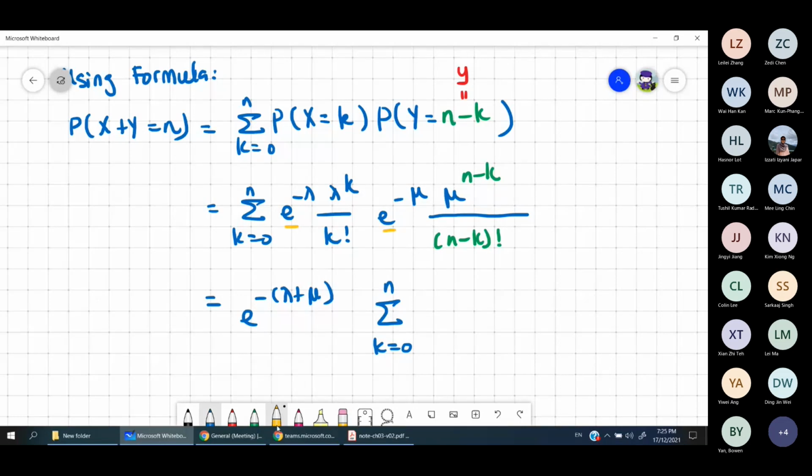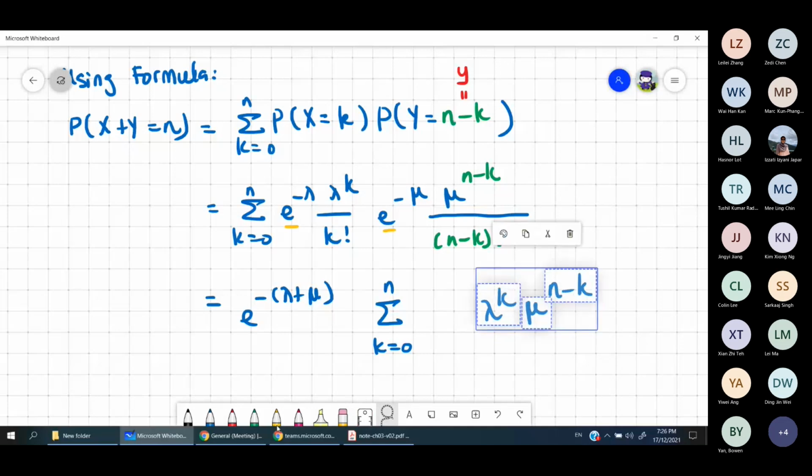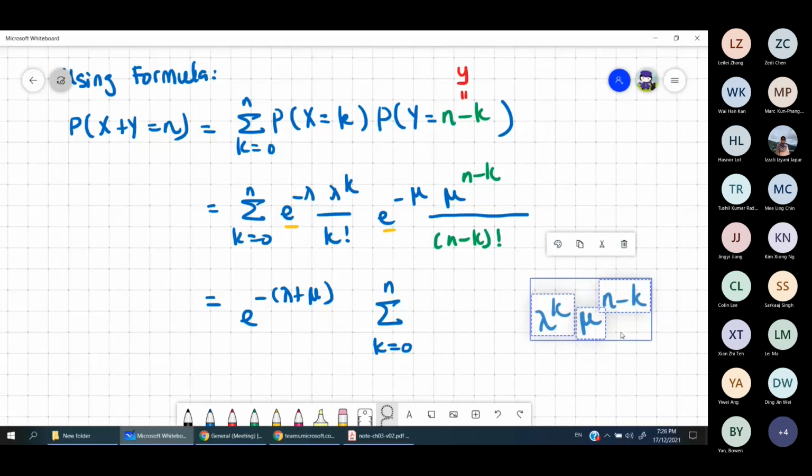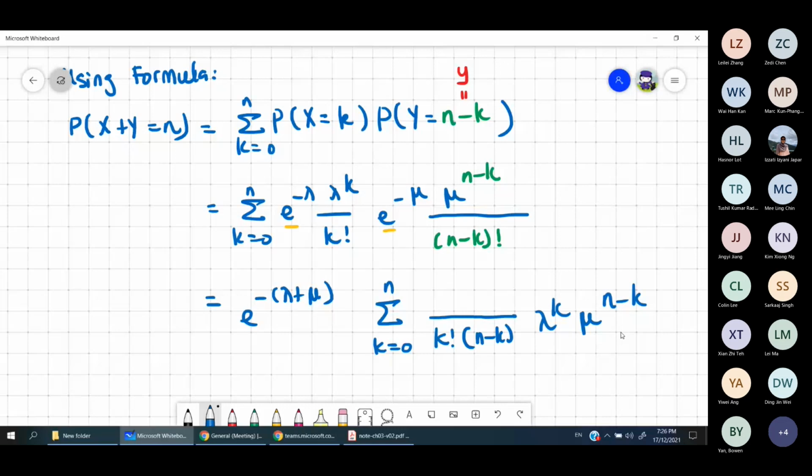Then we have lambda to the k, then mu to the n minus k, over k factorial times n minus k factorial.